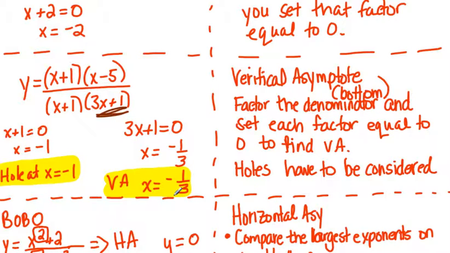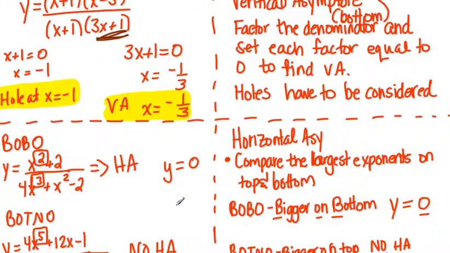Are there any questions on that? Brianna? No. The hole is always the one that crosses out. So if neither one of them cross out, then no holes. That's a hole. Okay? That's right.